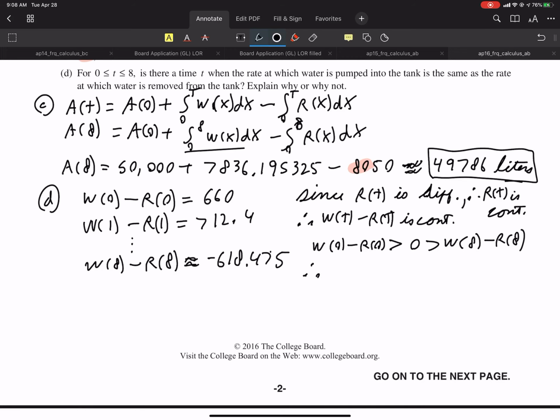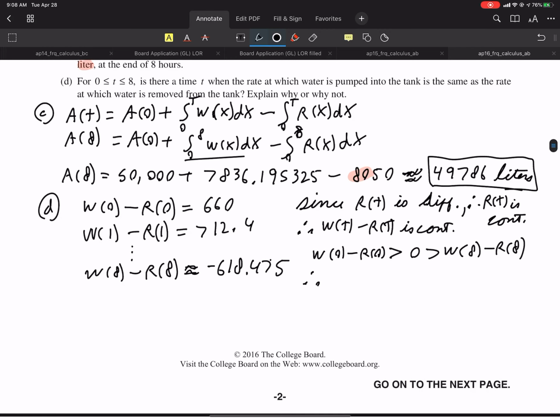Therefore, there must be a time t between 0 and 8 where W of t minus R of t equals 0, because again, here it's positive, here it's negative.